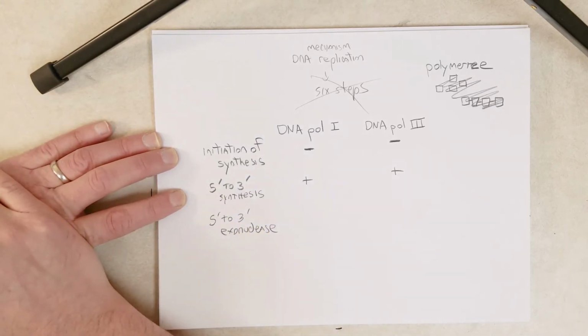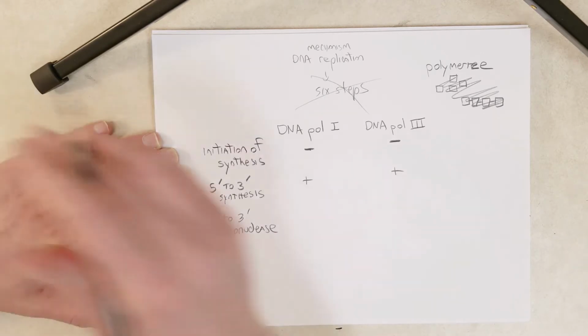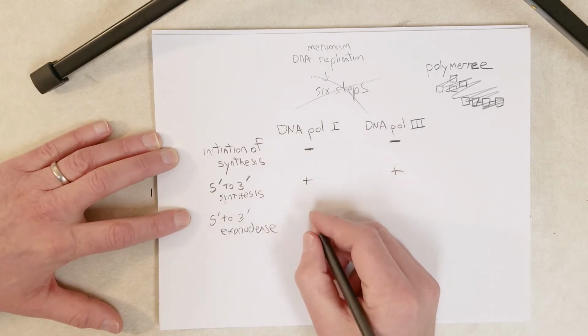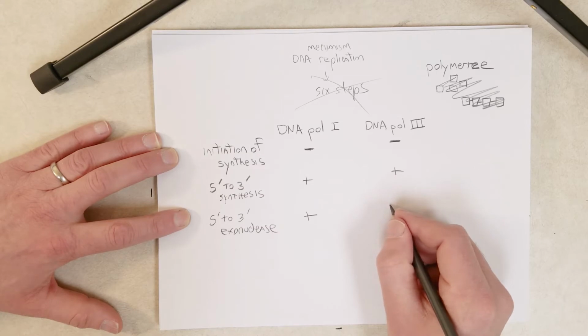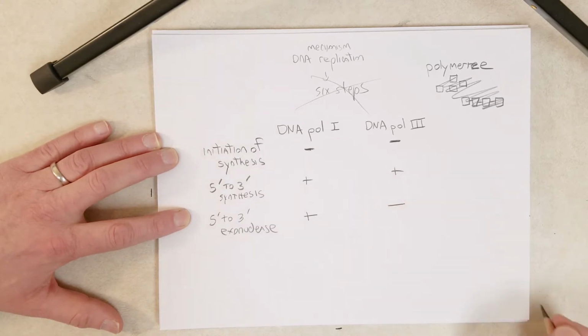That means if the enzyme encounters another nucleotide, say while it's using a template to synthesize DNA, if there is a nucleotide in its way, it can cut out that nucleotide and keep synthesizing DNA. So DNA polymerase 1 has that property. DNA polymerase 3 does not have that property.